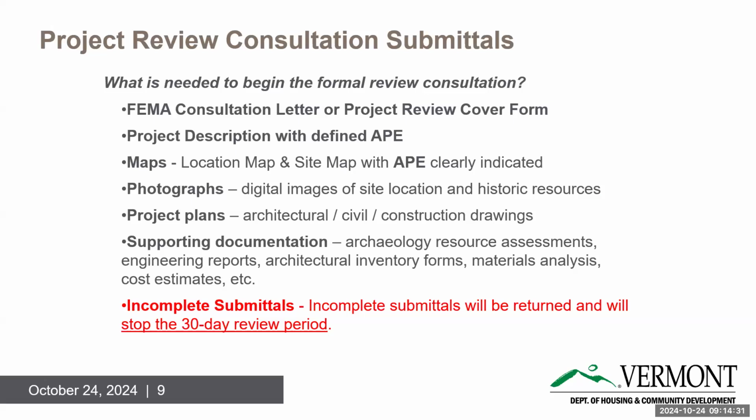So what is needed to begin the formal review with us? FEMA consultation letters, which I have to give a shout out, are some of the best we get from federal agencies. They're very precise, they're very detailed. Or you can give a project review cover form that we have up on our website.